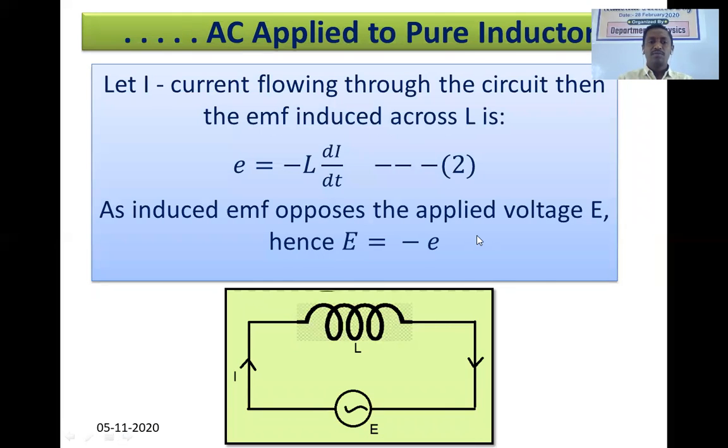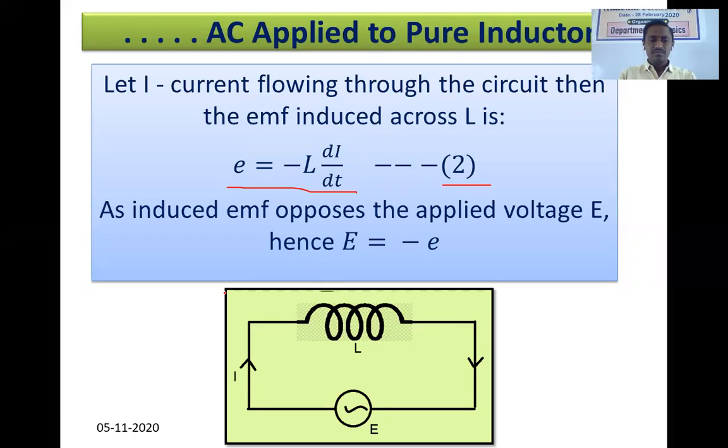So, due to the flow of current I in the circuit containing the inductor only, the EMF induced across L, that is the coil of the inductor, is small e equals minus L into di by dt. That is our equation number 2.